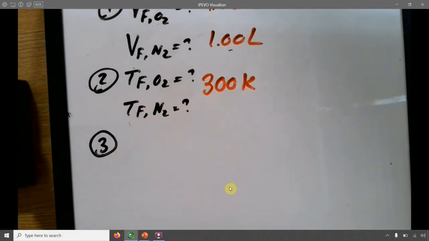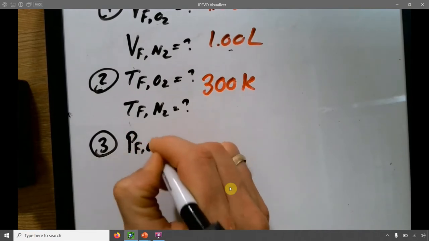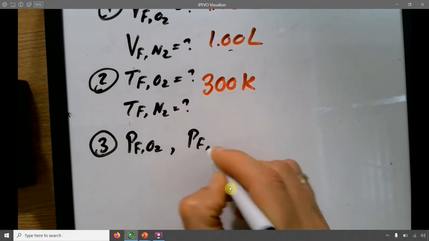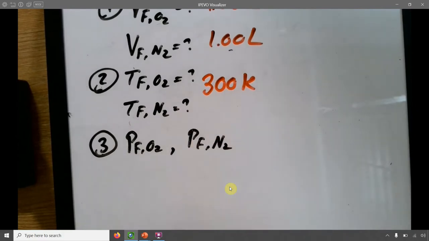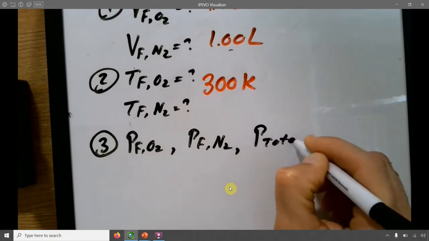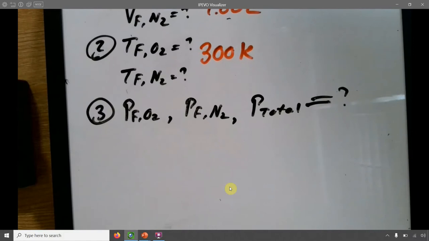So number 3, I want to know the final pressure for oxygen, the final pressure for nitrogen, and the total pressure inside that bottle. Pressure is not as simple.